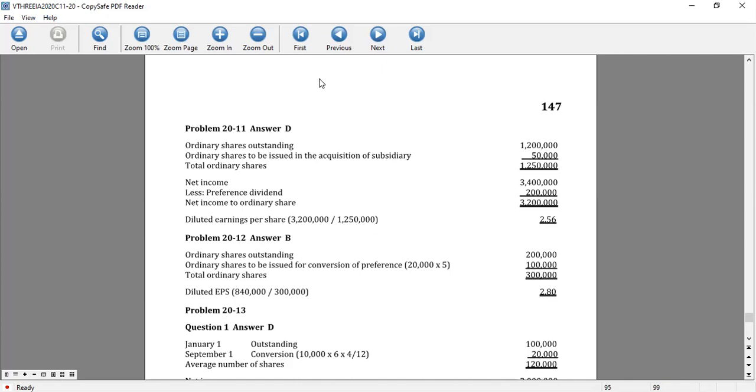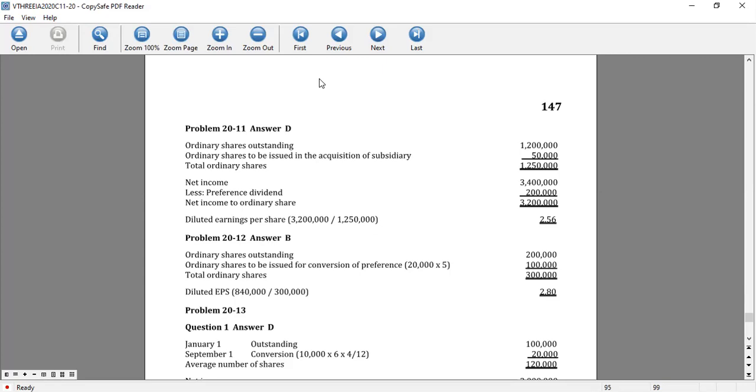So the total ordinary shares is 1,250,000. The net income of 3.4 million, we deduct the share of the preferred stock.